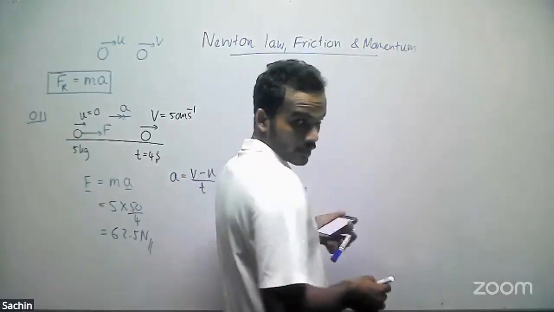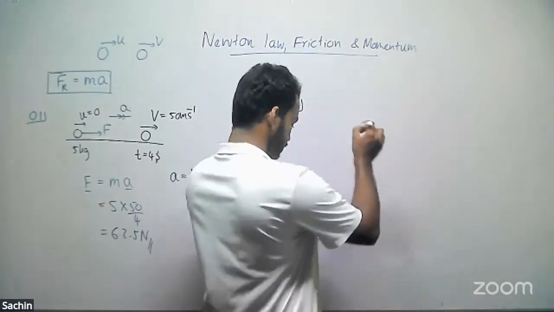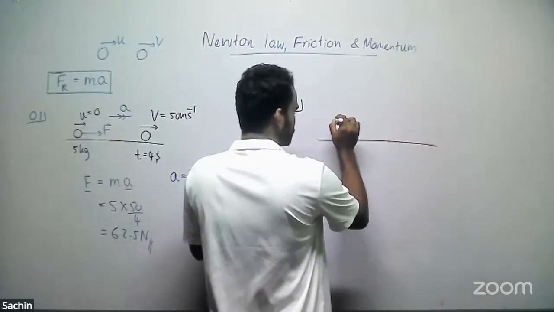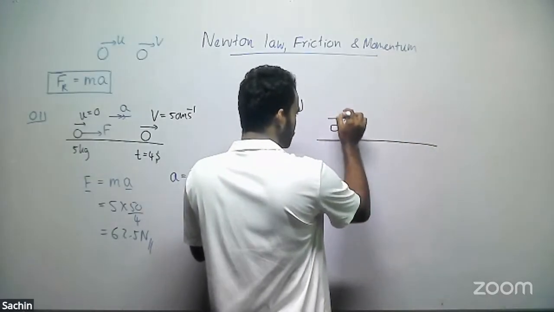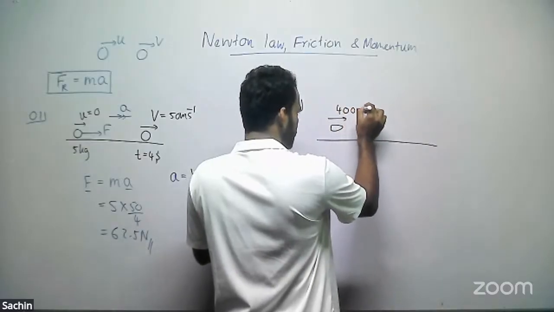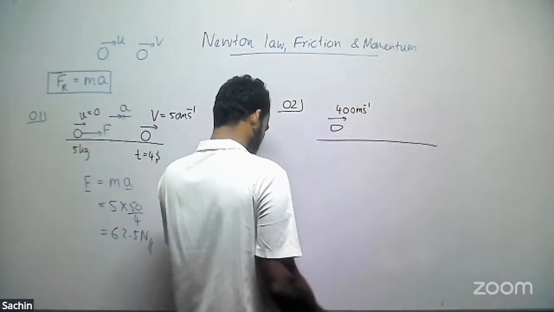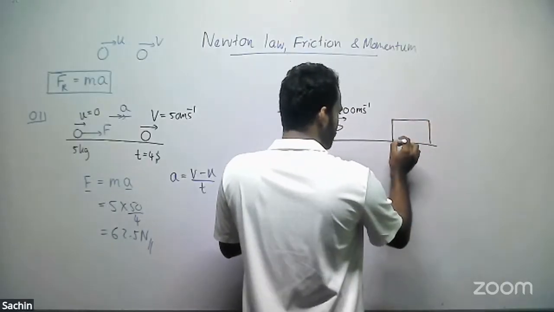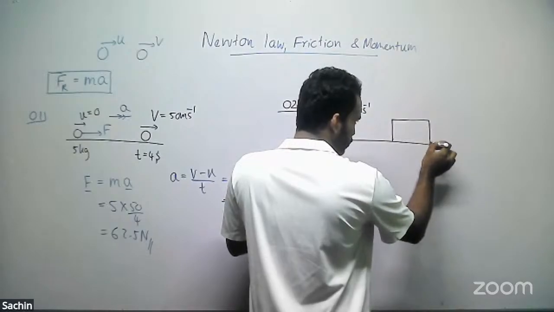Okay, so it's like this. Here's a bullet with 400 meters per second velocity, and there is a wooden block. We can assume this wooden block is fixed, not allowed to move.